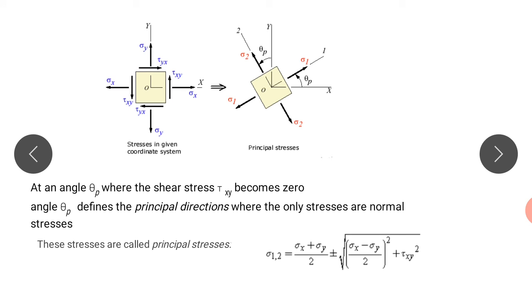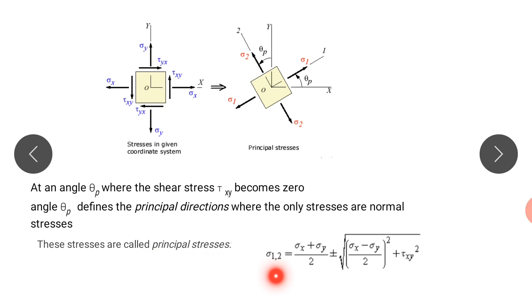Now, as far as principal stresses are concerned, these standard elements should be rotated in such a manner that all shear stresses must be equal to 0. Okay, so that angle is known as the principal direction, and planes which are related with these principal directions are known as principal planes, and those normal stresses related with the principal directions are known as principal stresses.